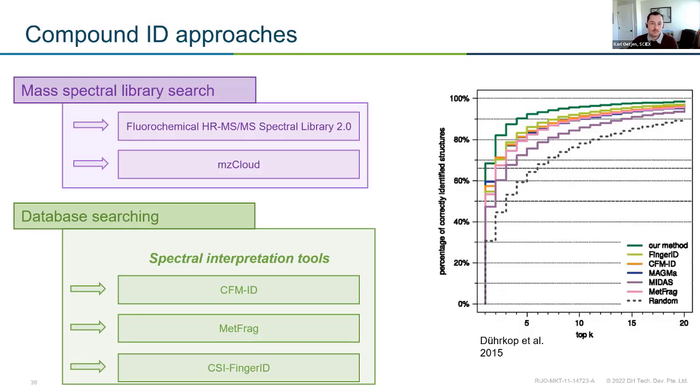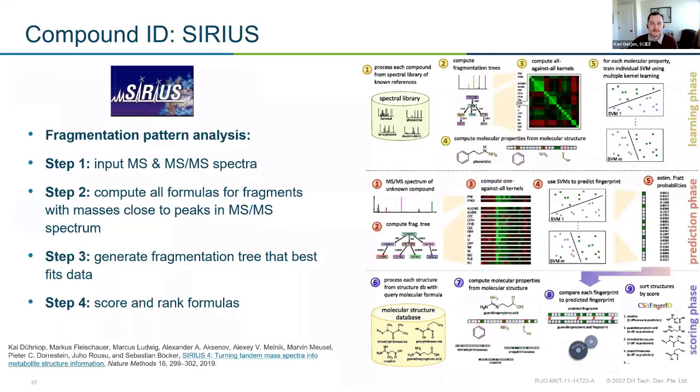But we're going to rely on these essentially to make our identifications. And the one I personally use the most is probably that CSI:FingerID. And there's a couple of reasons why, and I'll go over them, but it's a super valuable tool, and I encourage you to check it out. And the main reason I'm using this spectral interpretation tool is because of the graphical interface it lives in.